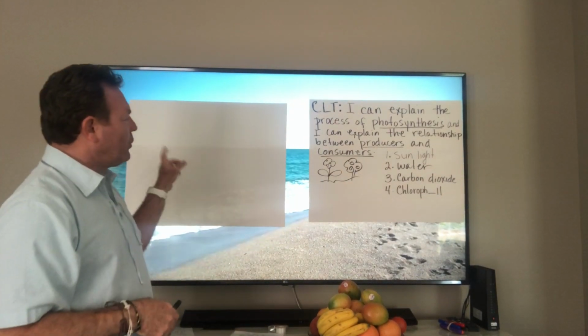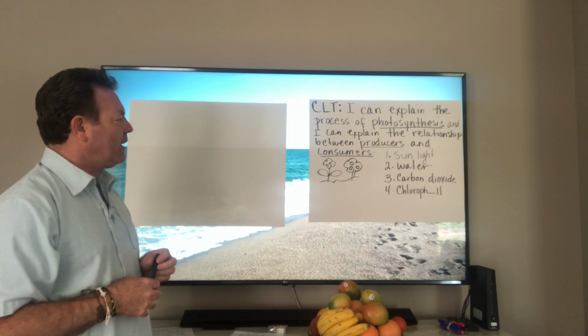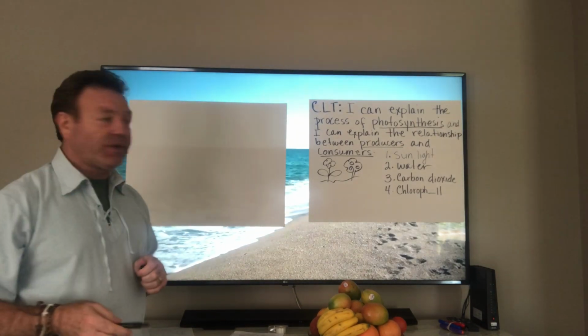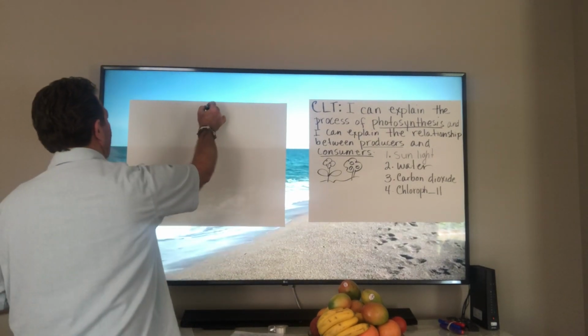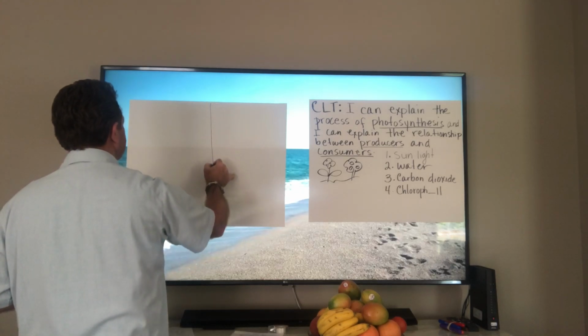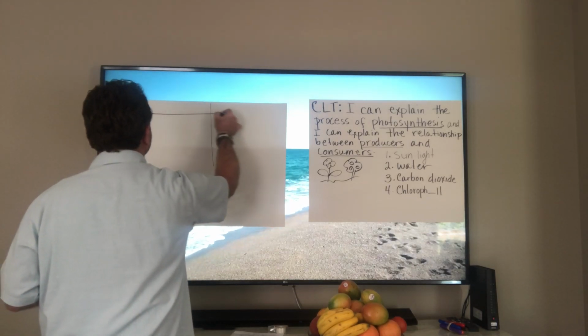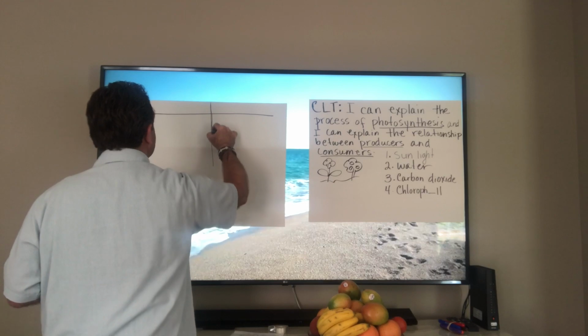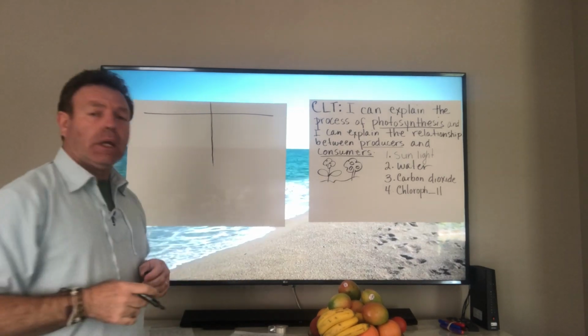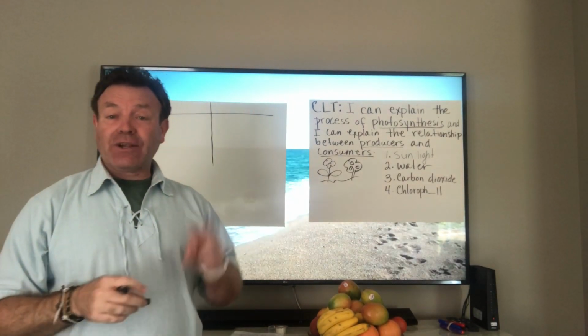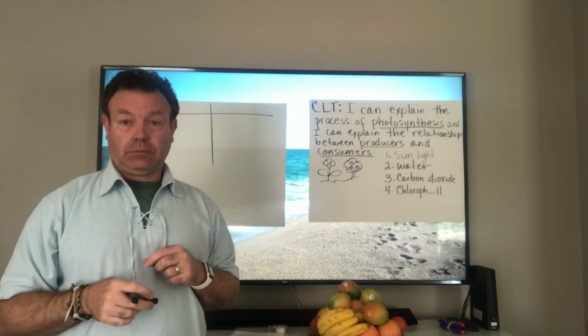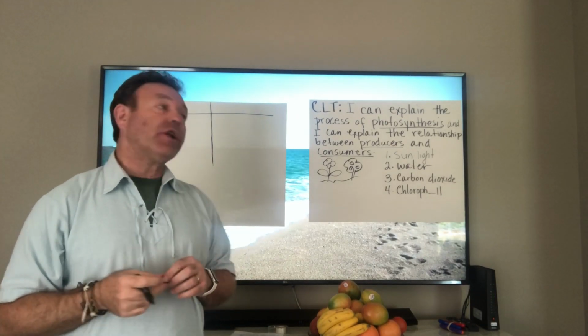So I want to go to the second part of that lesson, producers and consumers. And what I want you to do is make a T-chart like this, okay? If you are using a Google Doc, you can insert a table that has 2 columns, okay? And you can do it that way, or you can just draw the T-chart.